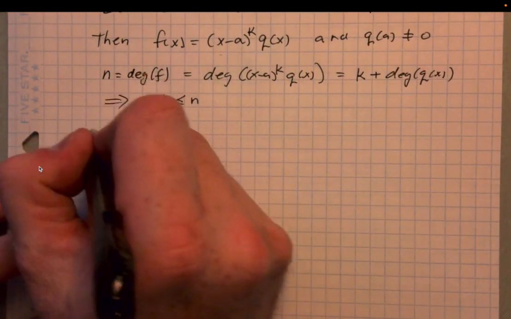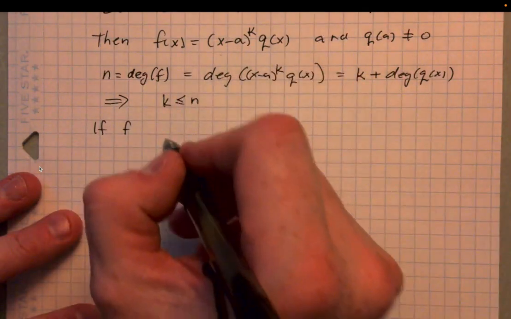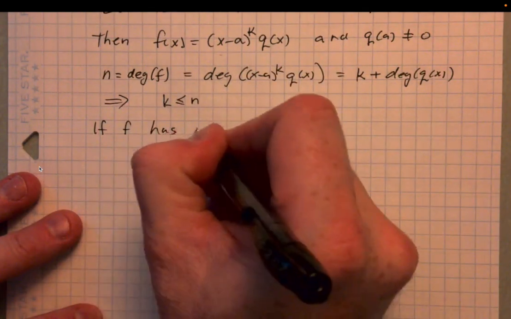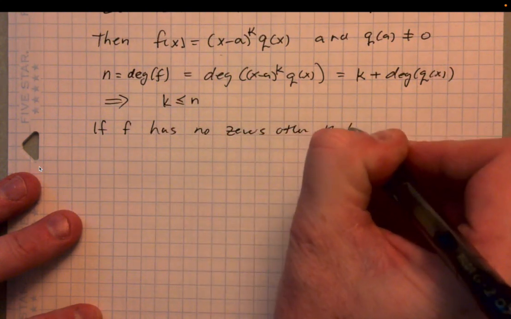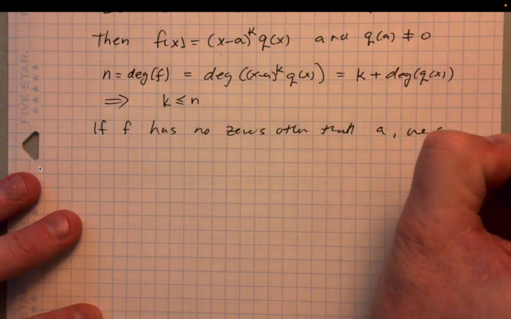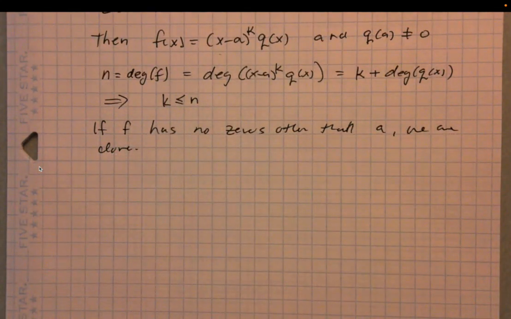So let's say that if f has no zeros other than a, we're done. Right, if f has no zeros other than a, then we're done. Right, so let's assume, well, in that case, k would be equal to n.